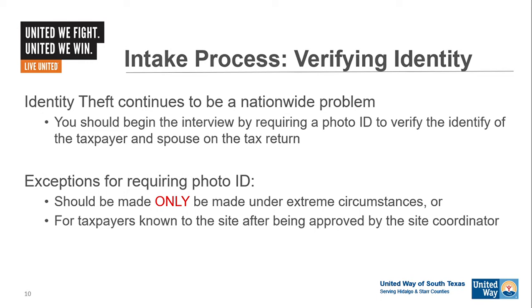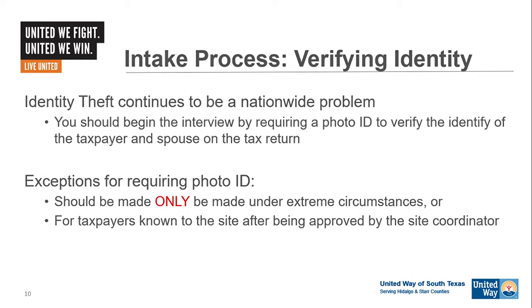If they have dependents, smaller children or other dependents, they only need to bring their social security. If they have an ITIN number, it's like a social, but it's not a social, but the government usually sends them a letter.